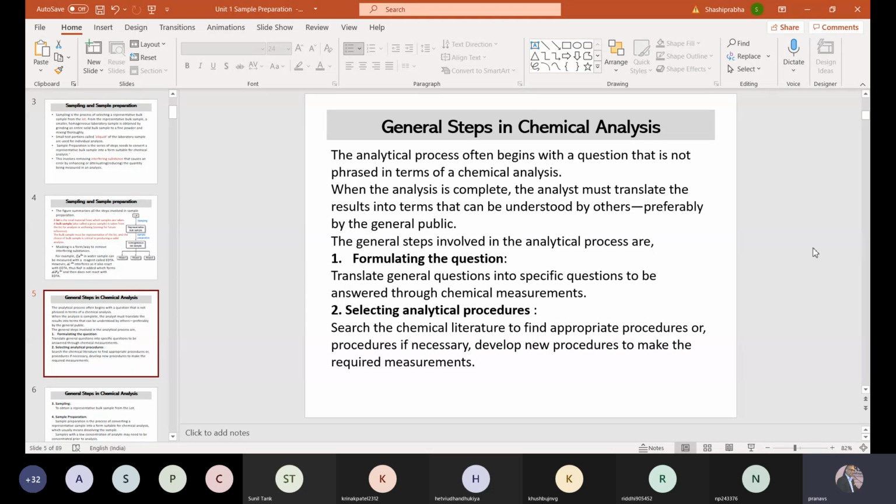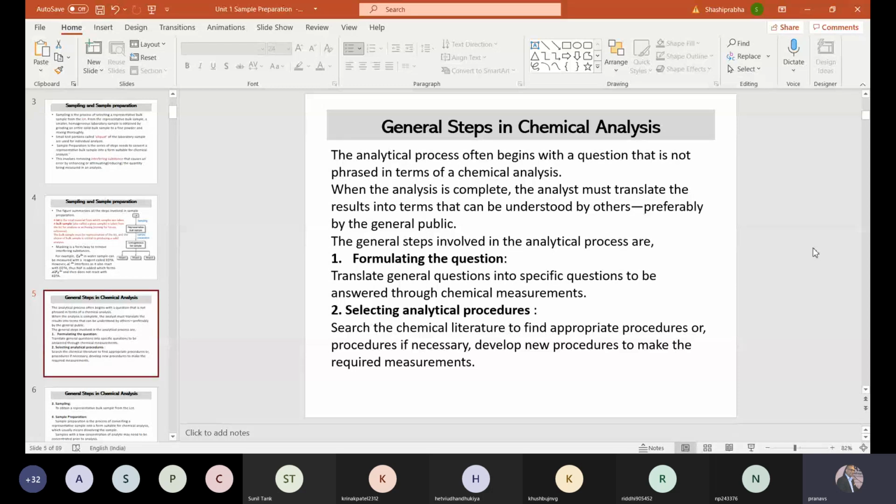So what will you think of depending upon the probable things which are present, depending upon the likely concentration of those constituents which are present in that sample. You will narrow down on a suitable analytical procedure or a process which you can follow to make a proper sample.